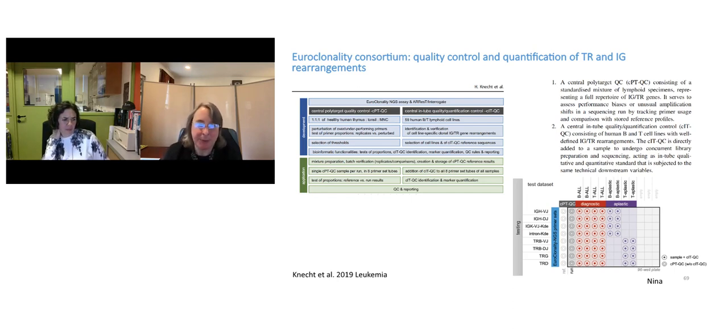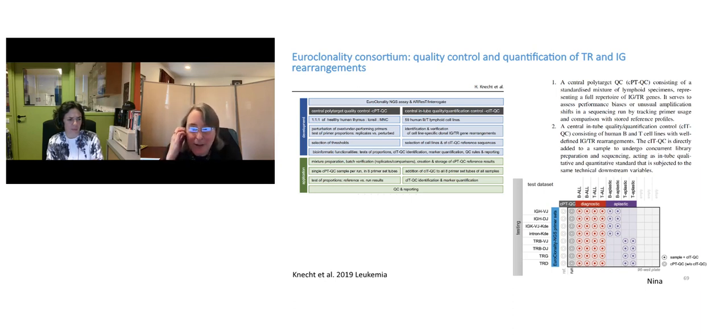So in this paper, for example, the Euroclonality group describes two different types of standards for immune repertoire profiling that are very nice. One they call a central polytarget standard. That's something that you can include in your sequencing run. So that's like our spleen sample that has a mixture of different templates that can allow you to evaluate the adequacy of all the steps in your sequencing workflow.